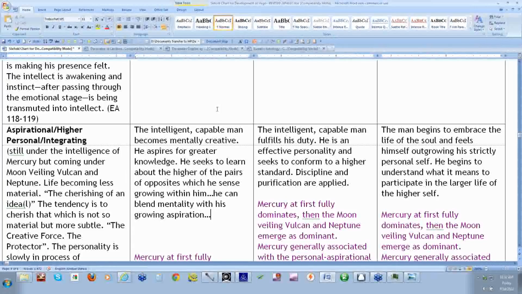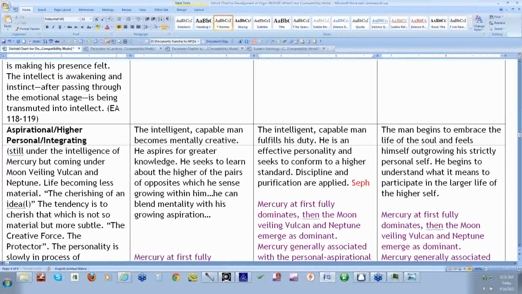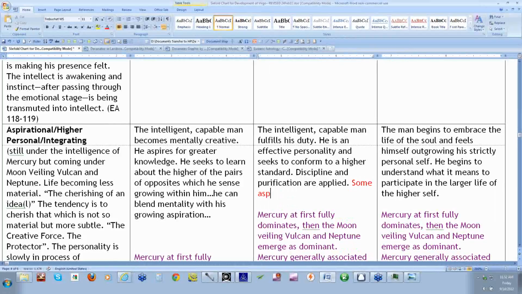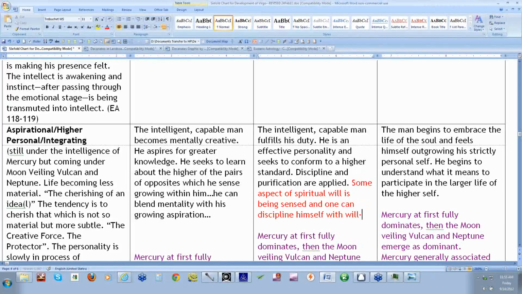A little bit of the moon, Vulcan, is coming in. A little bit of Neptune is coming in. Discipline and purification are applied. Spiritual will is being sensed. Let's just say that. Some aspect of spiritual will is being sensed, and one can discipline himself with will for better or for worse.